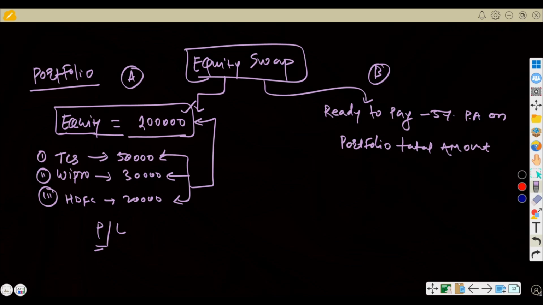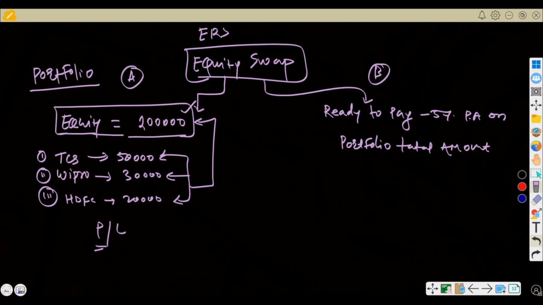Why? Because it's an equity revenue swap. Revenue means it contains profit and loss both, correct?